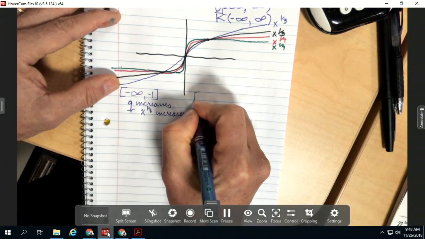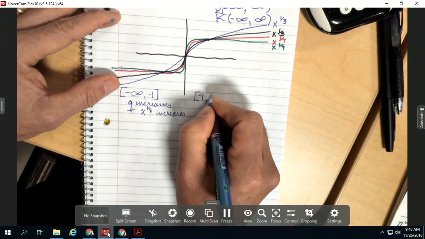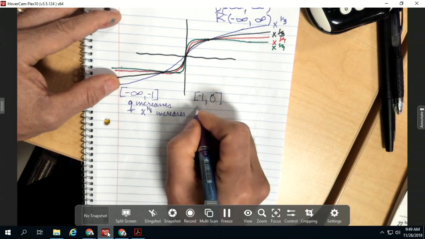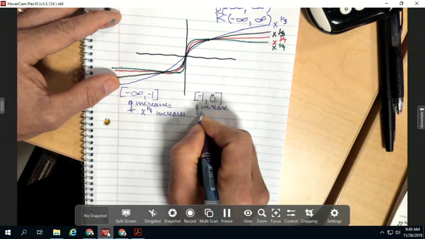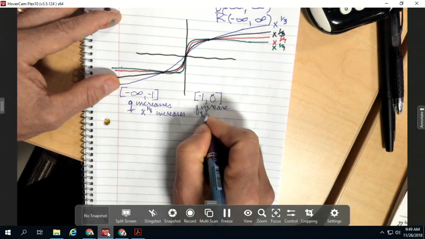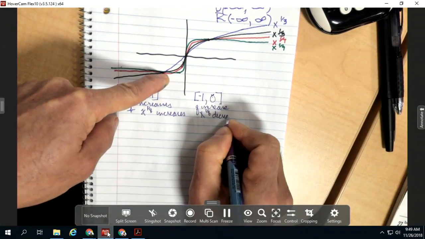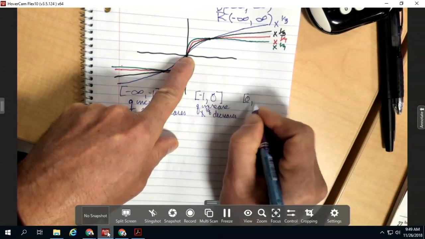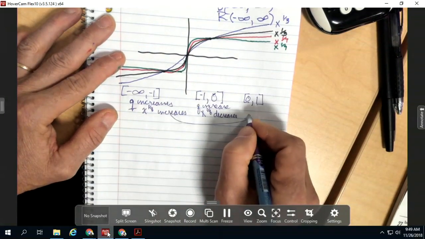Then for the interval from -1 to 0, as q increases, x to the 1/q decreases. Then if you go from 0 to +1, it's the same as this one back here.